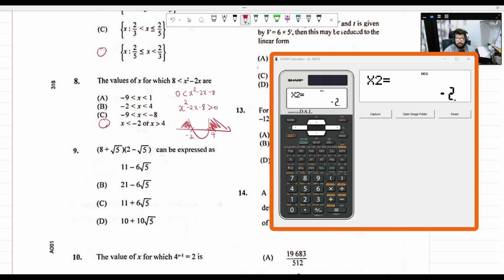Now ideally it's supposed to have an 'and' in between here, because both sets of values will satisfy this inequality. This is a technique I would show you guys for add maths, for pure maths unit 1, unit 2, for applied maths as well, where it's applicable.